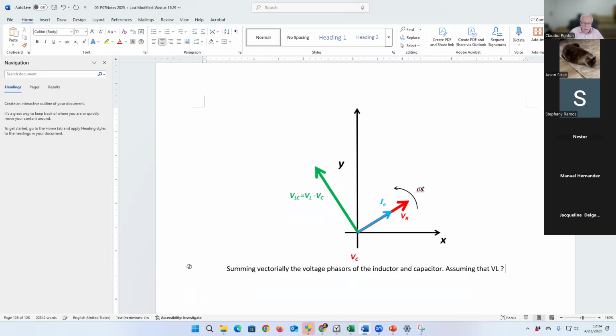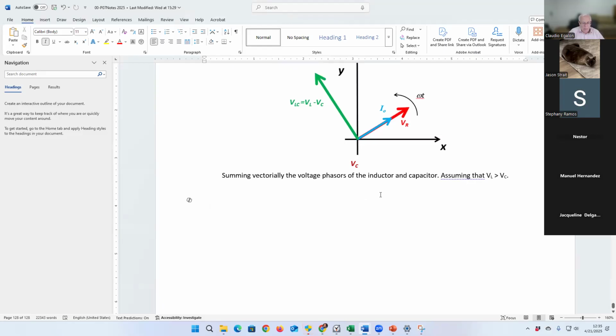And now we have to sum those two vectors that are 90 degrees apart. They are all rotating with omega t. They all have the same angular velocity.